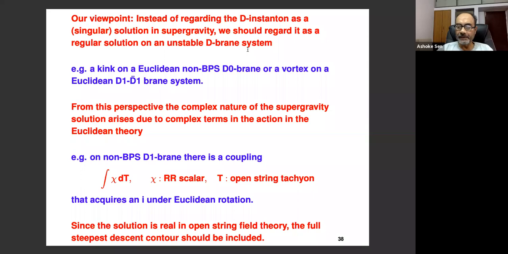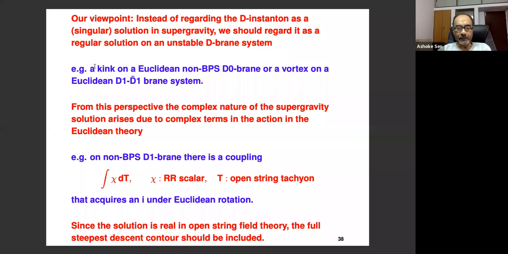So you could, in principle, set up the path integral over both closed strings and open strings, where the open strings live on the unstable brane system. The usual perturbative amplitudes come out automatically, because around the vacuum there are no open string excitations; you only do the closed string part. But the advantage here is that on an unstable D-brane system, the D-instantons can be regarded as regular classical solutions of open string field theory.